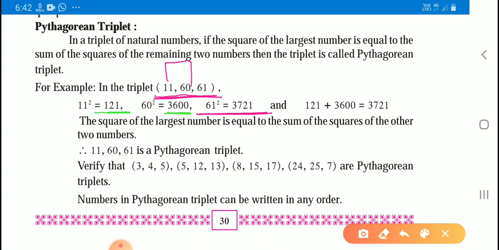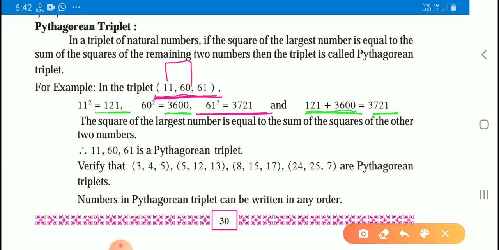If you add the squares of 11 and 60, the smaller numbers, it is equal to 3721, which is 61 square. So the square of the largest number is equal to the sum of the squares of the other two numbers. That's why the numbers 11, 60 and 61 are a Pythagorean triplet.